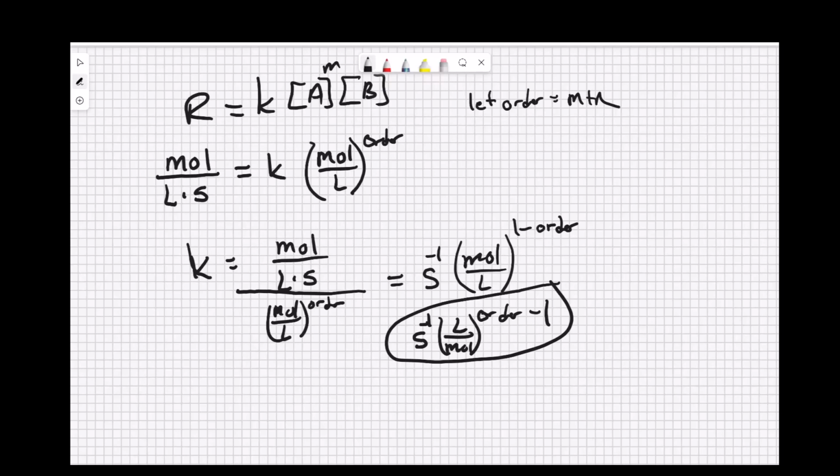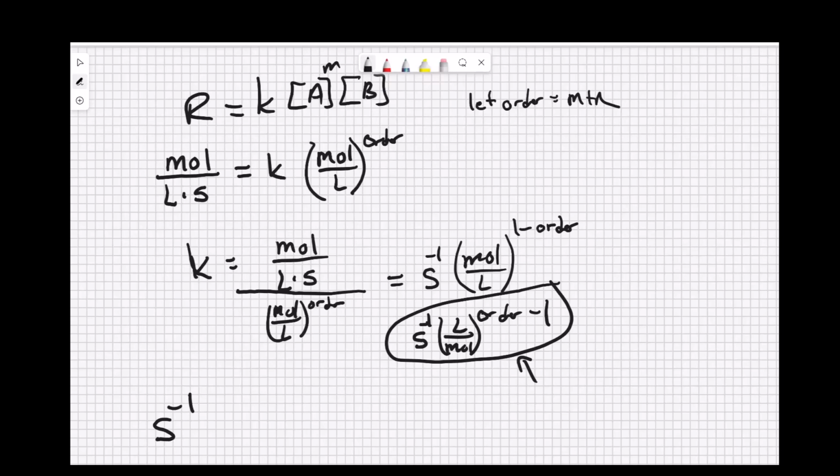So if I see something that has units of seconds to the minus 1 only, what's the order of the reaction? Another way to ask that is, what value do I put in for order right here to achieve only seconds to the minus 1? If I put a 2 in there, then that becomes seconds to the minus 1, and then liter per mole raised to the 2 minus 1.